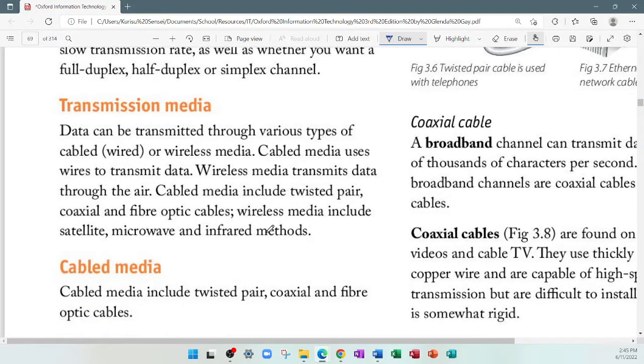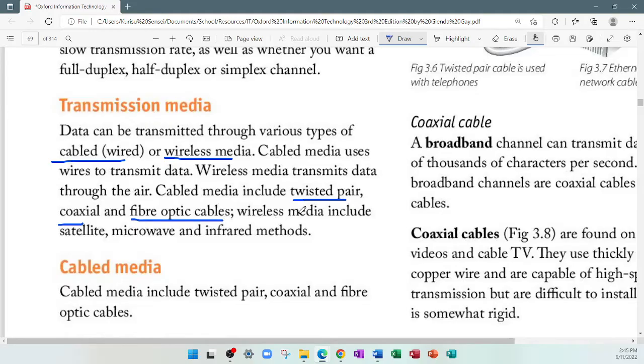Alright, so next we have our transmission media. Our transmission media now is what we are going to use to transfer our data. So we have cabled transmission media, we have wireless transmission media. For cable, we have twisted pair, we have coaxial, we have fiber optic cable.